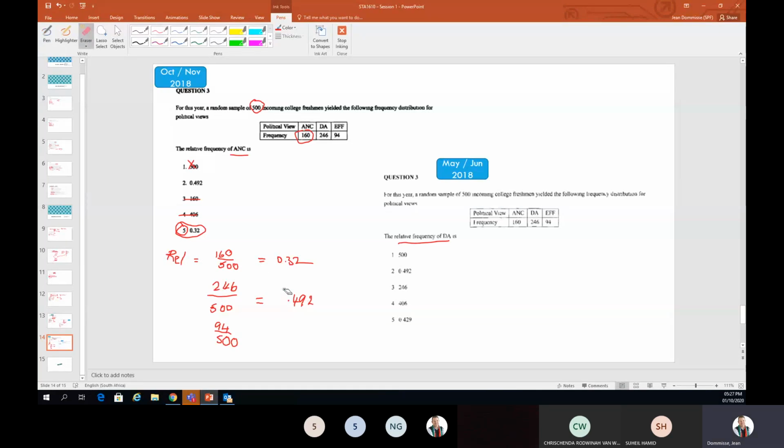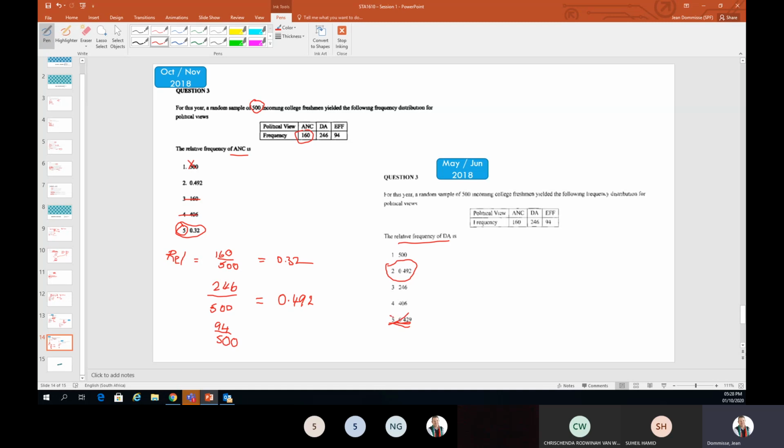And this is something that I don't like in the exam, but you would see. One can easily make the mistake because it's nearly the same number. So again, if you rush in the exam and you see, oh, there's something starting with 4, sometimes you miss the first option and you actually go with option 5. But again, it is 0.492 and not 0.429.